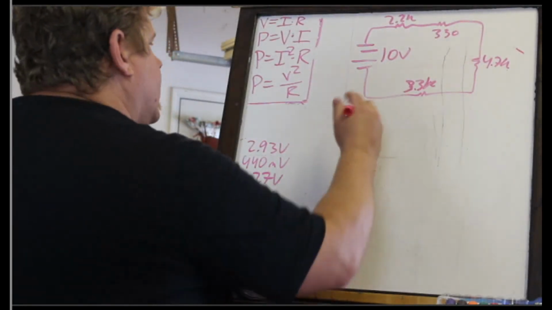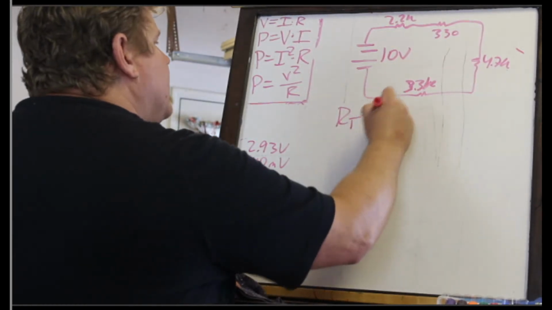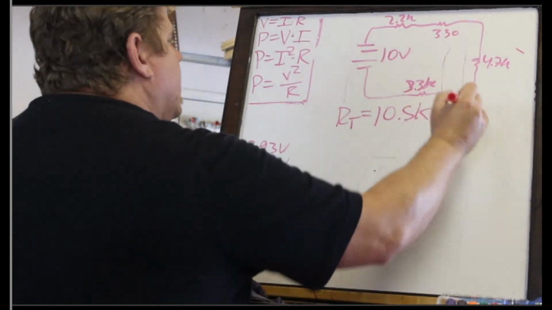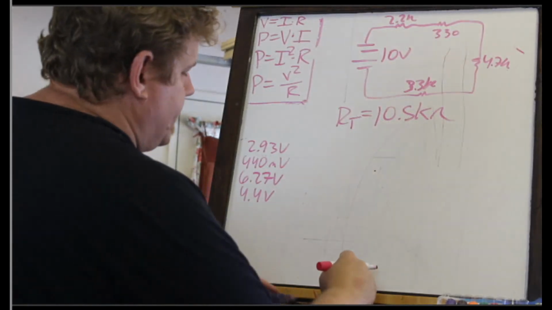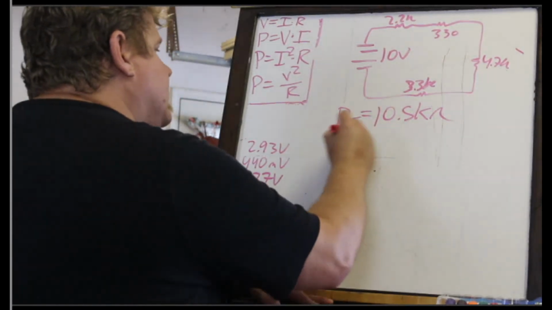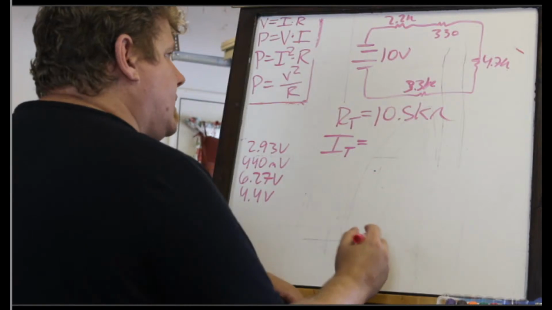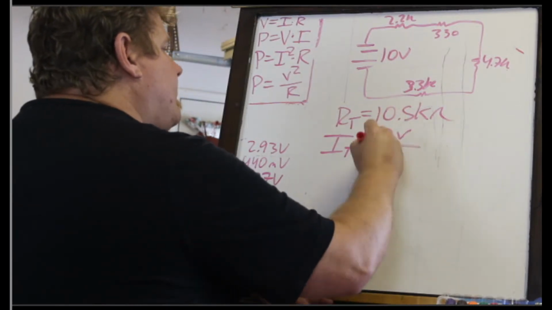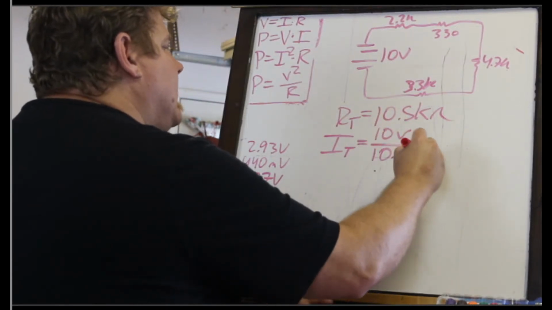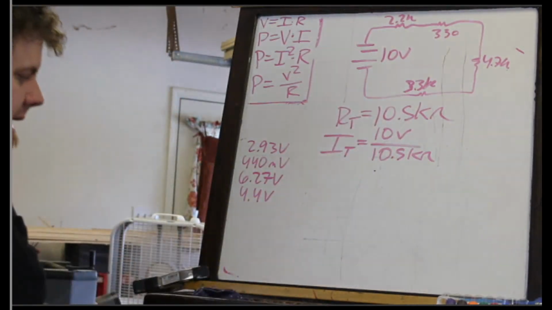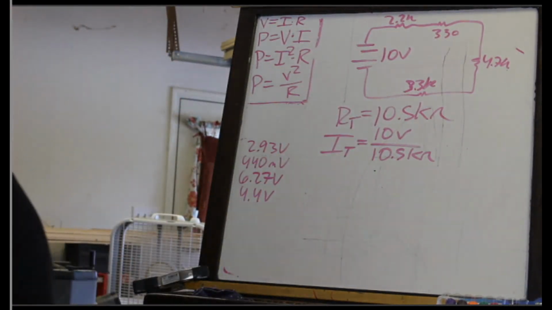Okay, well, again, the total is going to be 10.5 kilo ohms. That didn't change from what we did before. The other way we did it was to say, okay, now I'm going to find the total circuit current, which is 10 volts divided by 10.5 kilo ohms. So more than likely, I'm going to get something in milliamps here. Let's see.